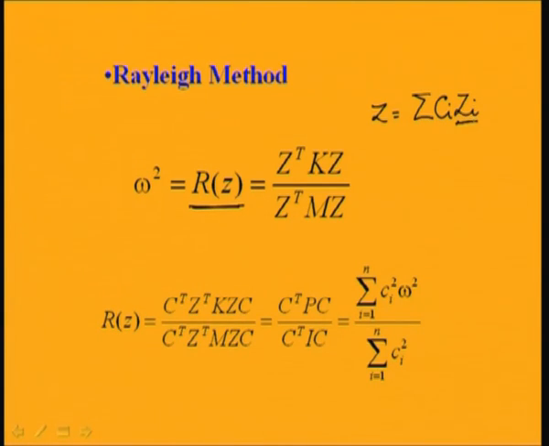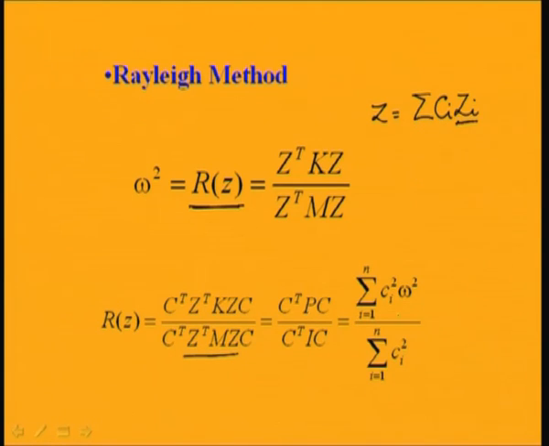Then I can write R(z) equal to C transpose Z transpose K Z C by C transpose Z transpose M Z C. The Z are calculated in such a way that Z transpose M Z is the unity matrix and Z transpose K Z is a diagonal matrix written as P. So, this becomes C transpose P C by C transpose I C. P is a diagonal matrix which contains the eigenvalues, or the approximate eigenvalues, on the diagonal.